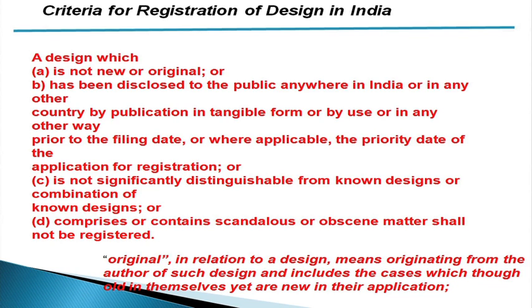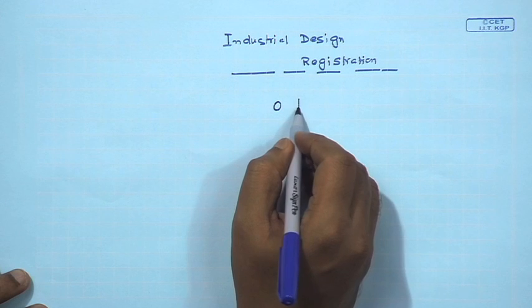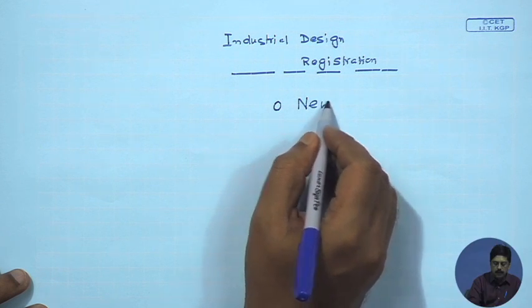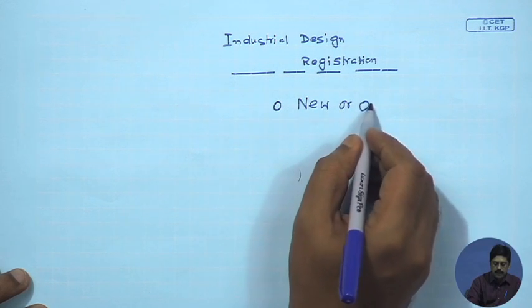A design. So now if you cast that in a positive way, to register an industrial design it should be new or original. So what type of design is not registrable? Which is not new or original. So for now we are assuming that to register an industrial design, the design should be new or original.